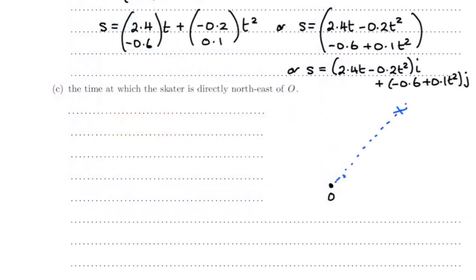And if you're running at 45 degrees, the x and the y will be the same. So either the x components and the y components will be the same, or the i components and the j components will be the same.